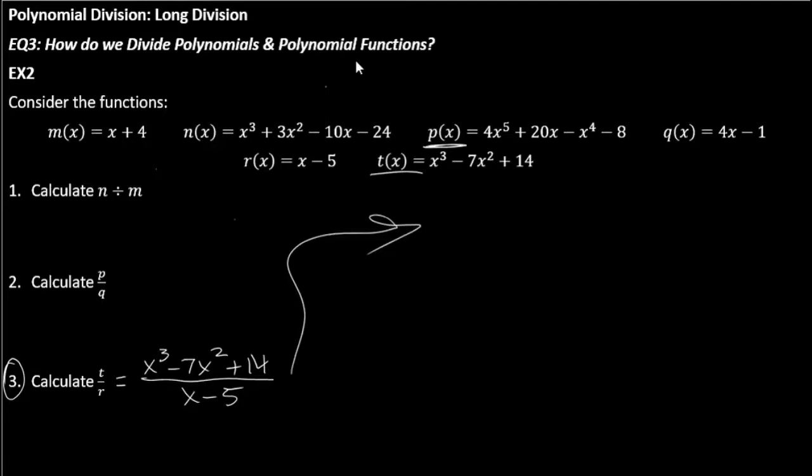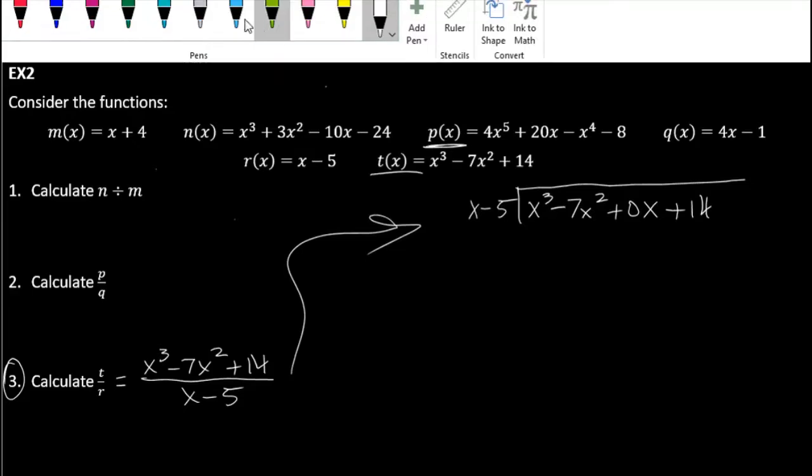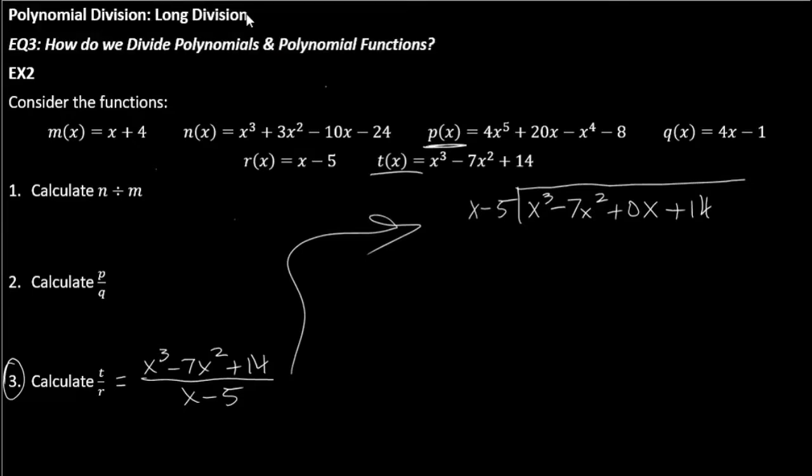So that's going to be x to the third minus 7x squared plus 0x to the first power, right? We have to account for that place value, and plus our constant 14. Okay, so x minus 5 is what we're dividing by, or is our divisor. Okay, so now let's go ahead and start dividing.